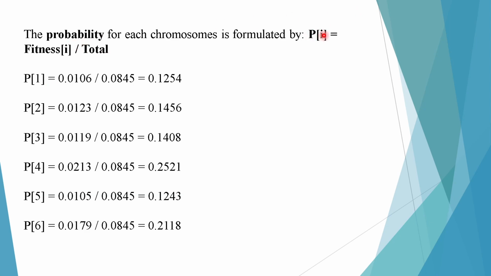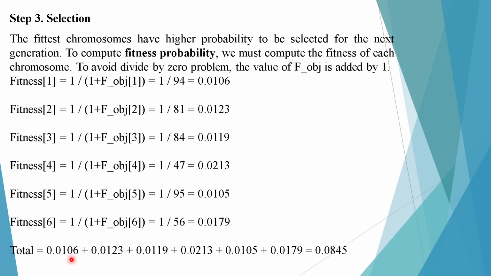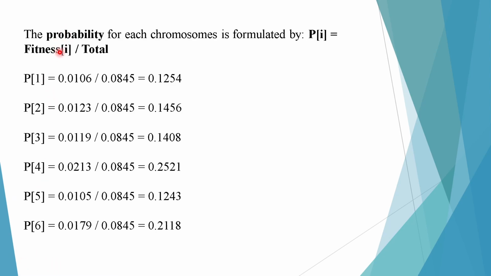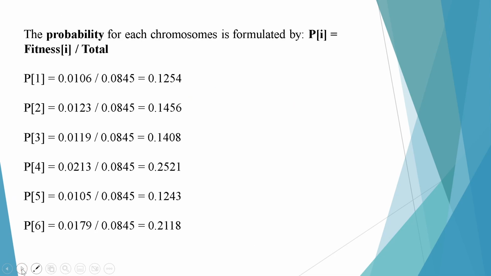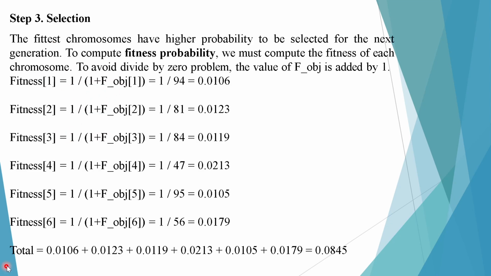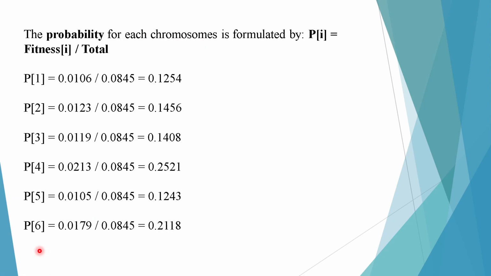Next, we calculate the probability of the fitness function. Pi is based on the fitness probability. So P1 will be the fitness probability divided by the total fitness probability.